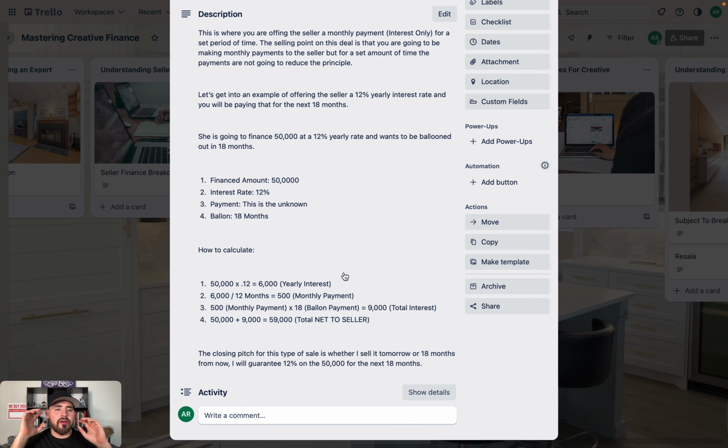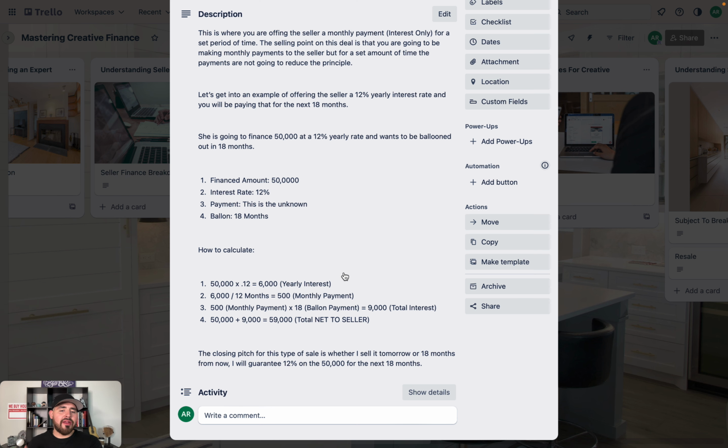So it's, once again, financed amount times interest rate equals yearly interest. Yearly interest divided by 12, because there's 12 months in a year, equals the monthly payment. Then we're going to get the monthly payment times whatever balloon amount they chose. If they chose 12 months, 18 months, 24 months, 36 months, whatever amount they chose, that's what we're going to multiply our monthly payment by, because that's the interest only payment that we're going to be making against this property or against this note.